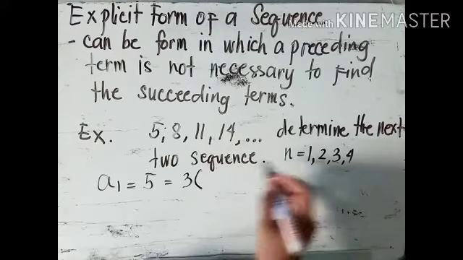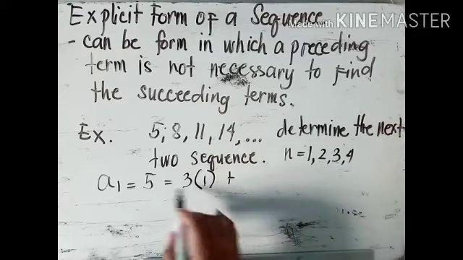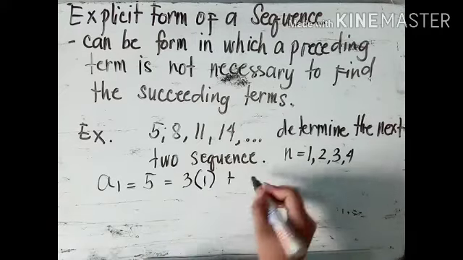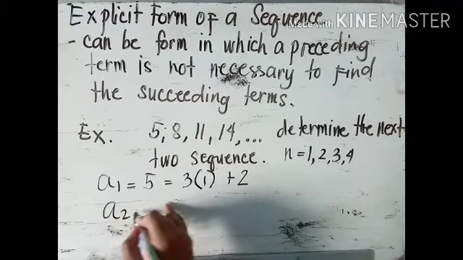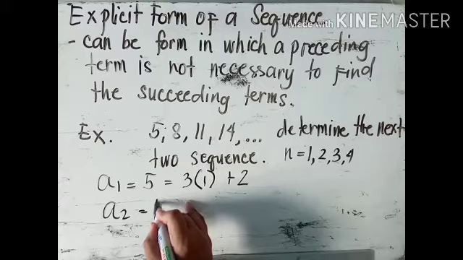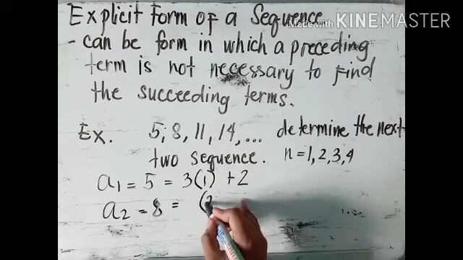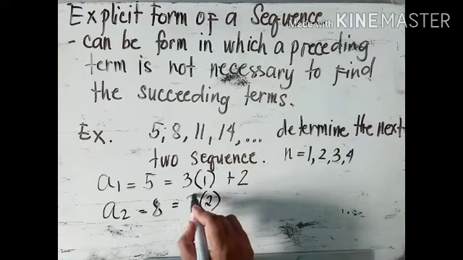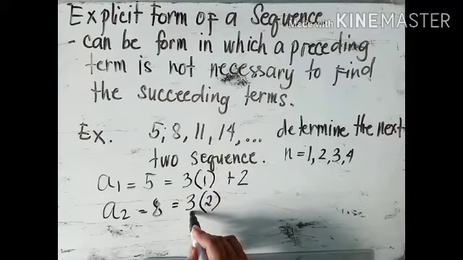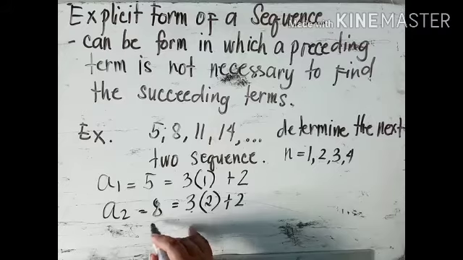So the n number here is, say, 1. To make it 5, 3 times 1 is 3, so we need 2 there. A2 is equal to 8. The 2 here is the n. We write 3 times 2, so it is 6. Then we add 2 to make it 8.